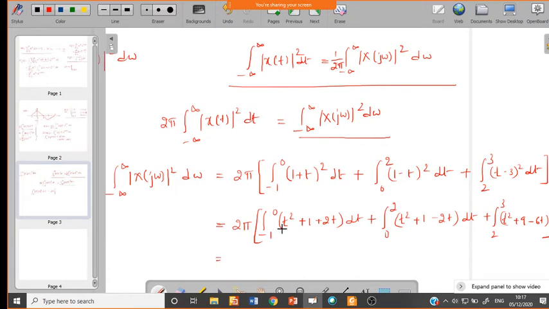Now integrate this and put in the integral limits, so you will get the values.